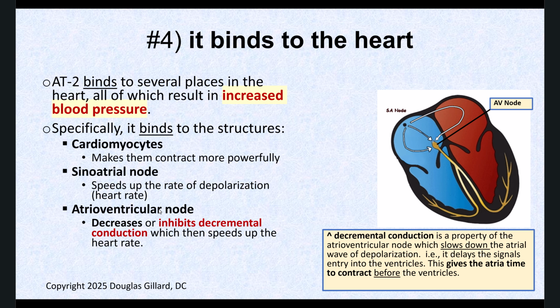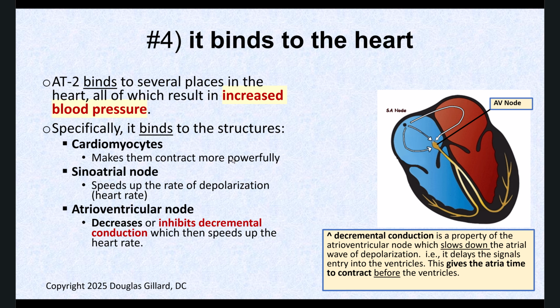It can bind to the AV node and decrease or inhibit decremental conduction. Remember, the AV node slows the signal. The wave of depolarization going from the atria to the ventricles is slowed down right here. That's called decremental conduction. So if we inhibit decremental conduction, the current isn't slowed down, and it zips right in here, and that will speed up the heart in and of itself.